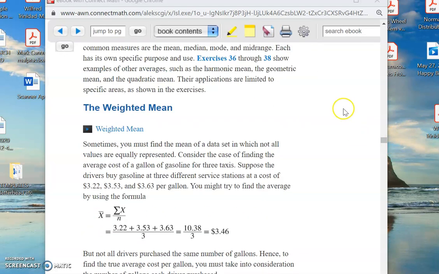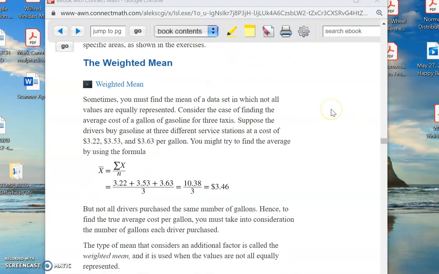Okay, so now we'll talk about what's called the weighted mean. Whenever you hear an instructor, as an example, an instructor like myself, in my syllabus, I'll say things like, okay, the homework counts as 10%, the exams count for 30%, and the final exam counts as 30%.